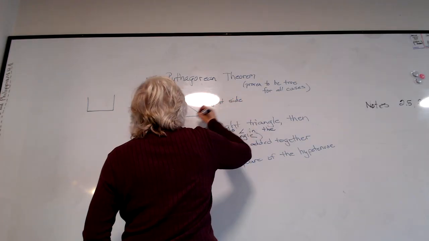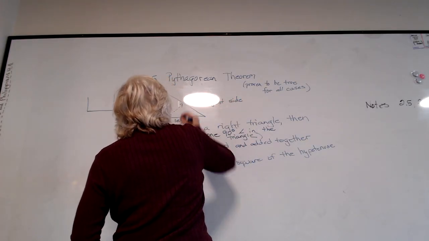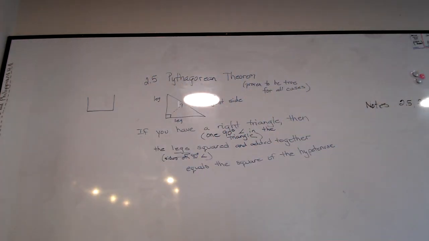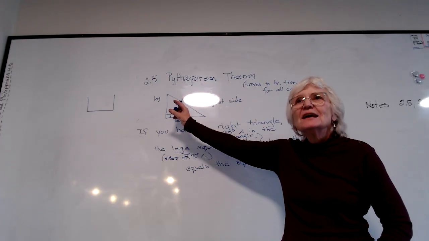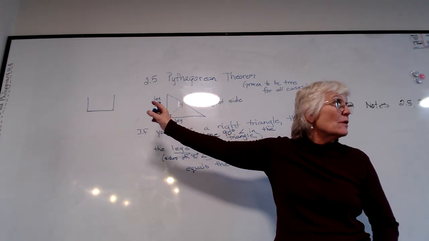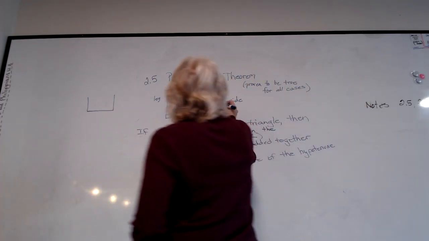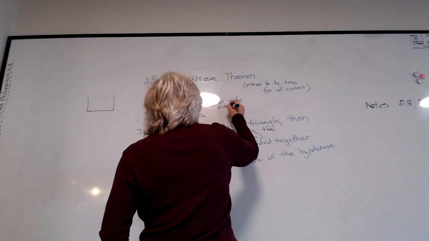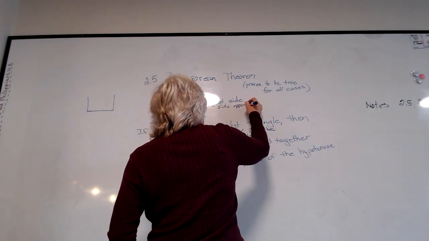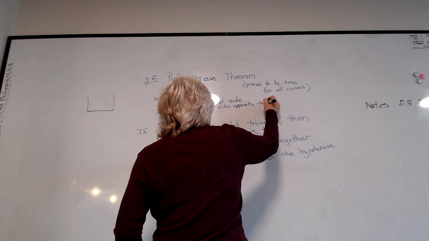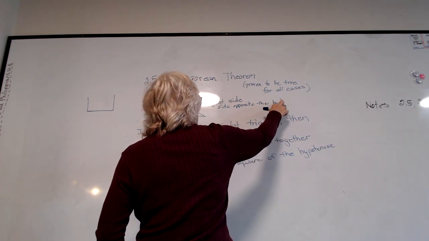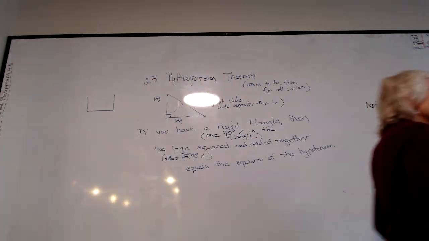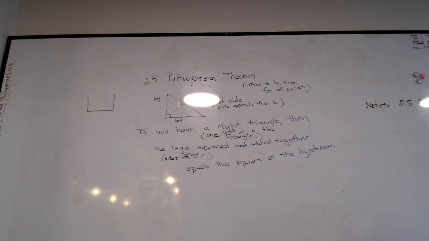Another way to identify it is it's the one directly across. It's like the right angle sign points to the hypotenuse. Do you see the point there to the hypotenuse? It's the side opposite the right angle. That's another way of saying it. That's a symbol for a right angle.